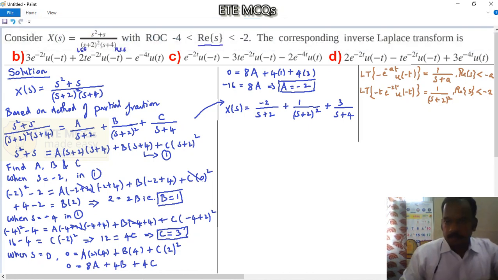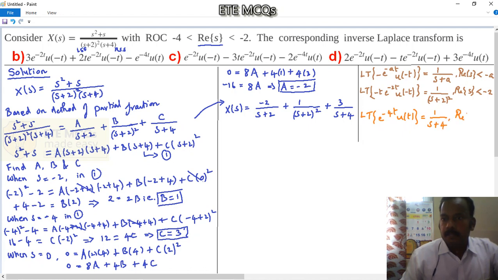The respective Laplace transformation formula that we are supposed to apply is Laplace transform of e power minus 4t into u of t is equal to 1 by s plus 4.